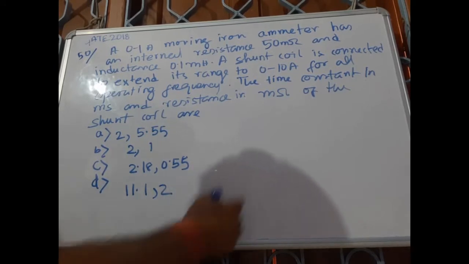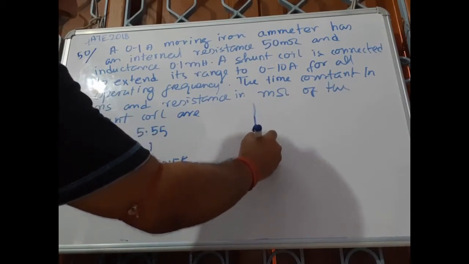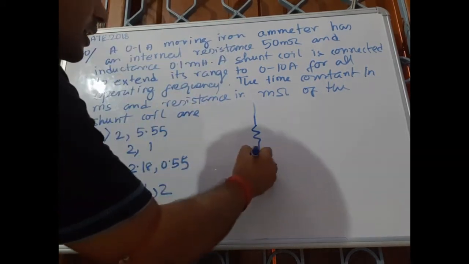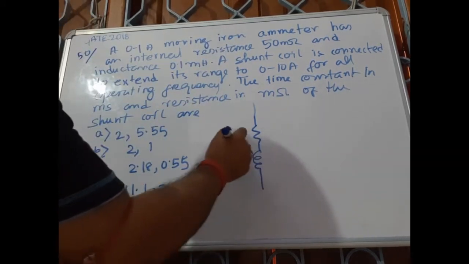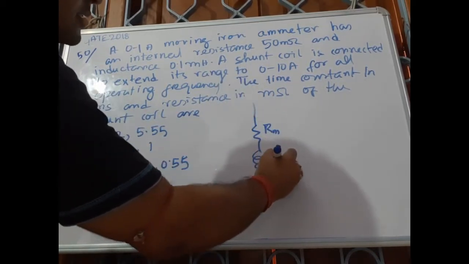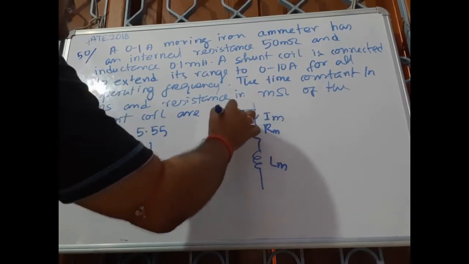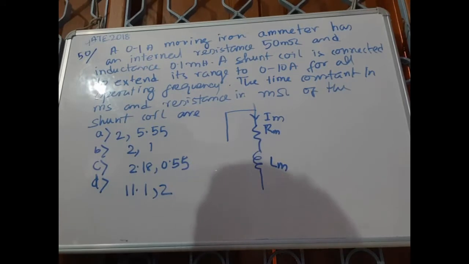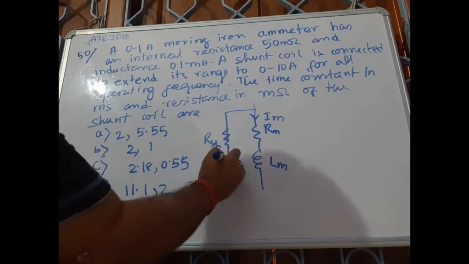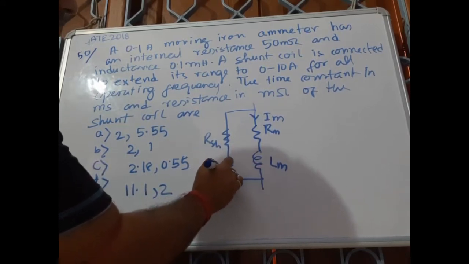Okay, so what is the connection of the ammeter? We have a resistance and there is an internal inductance. So this is Rm and this is Lm, and the current flowing through this is Im, and it is shunted with a shunt coil of resistance Rsh and an inductor Lsh.